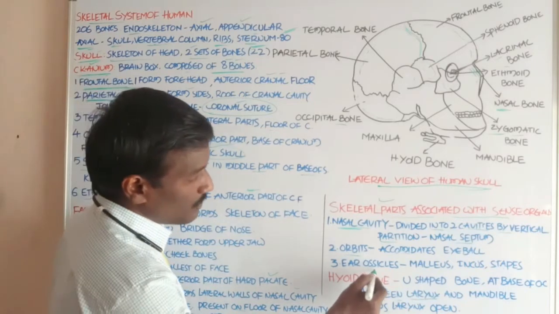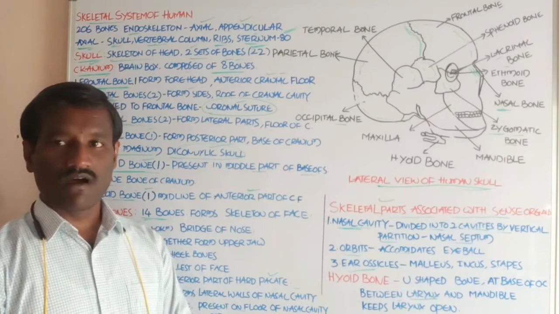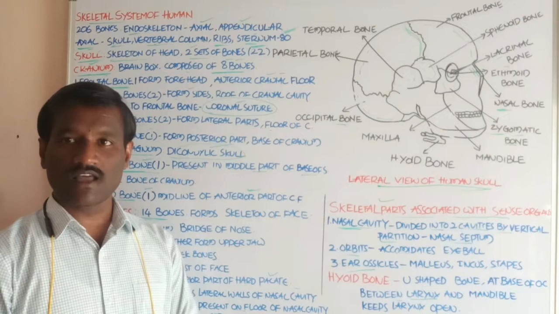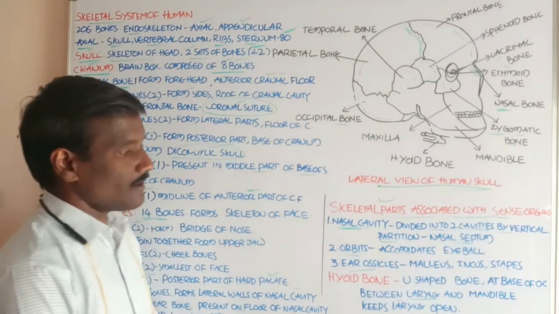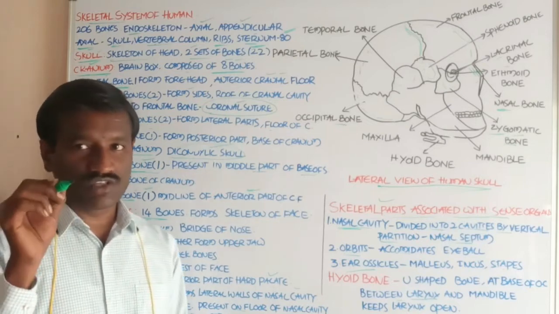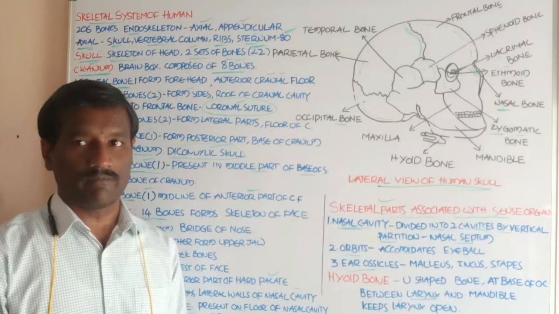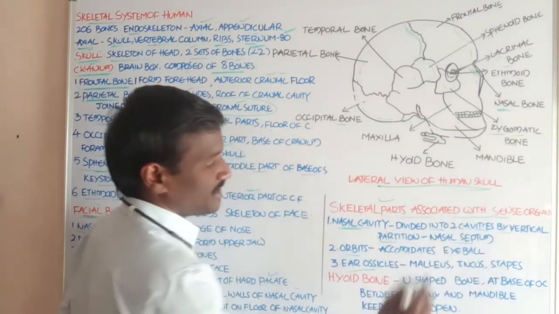Next, the third one is the ear ossicles. These are present in the middle ear. Okay, students, these are three tiny bones, the smallest bones present in the middle ear: malleus, incus, stapes.